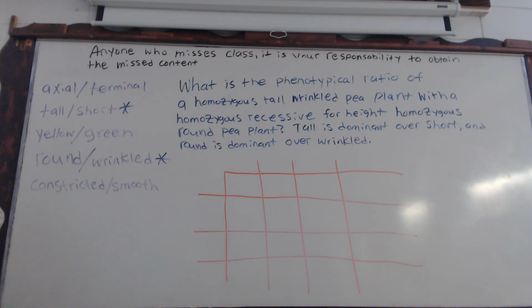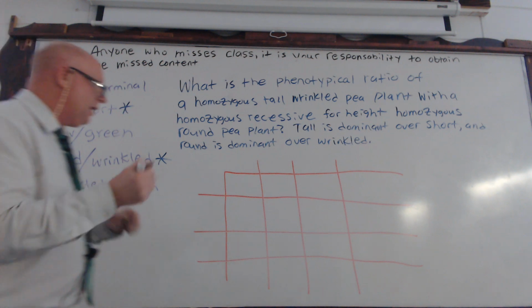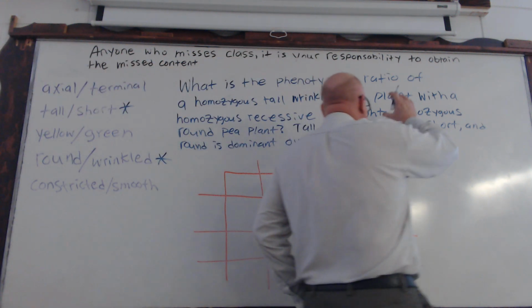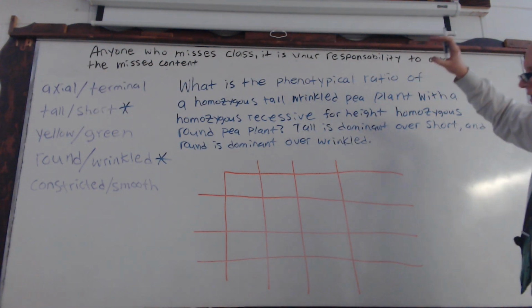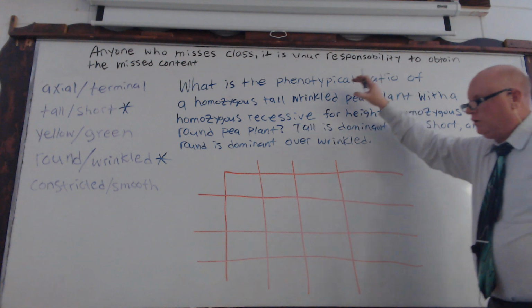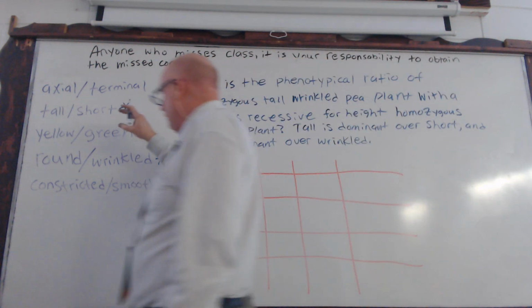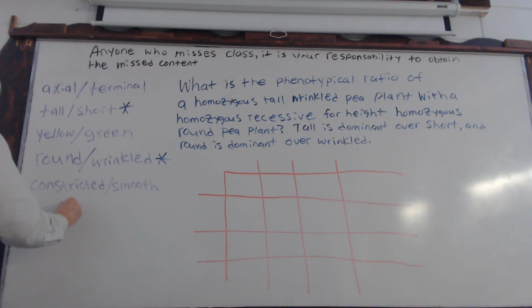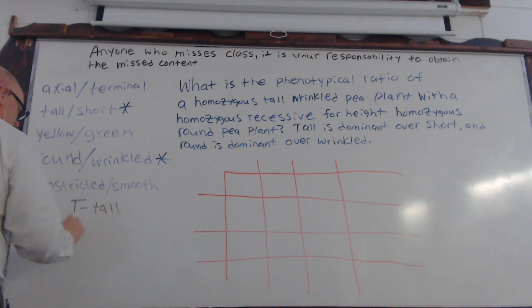So there's our 4x4. And what we need to do now is set up our cross like we did with our monohybrid cross. So let's look at what we are testing. You always want to make a key for this. So capital T for height would be tall.